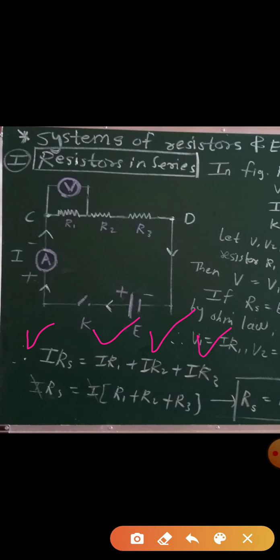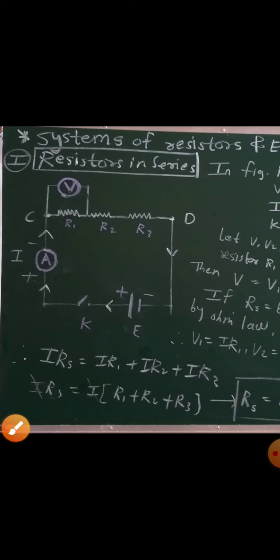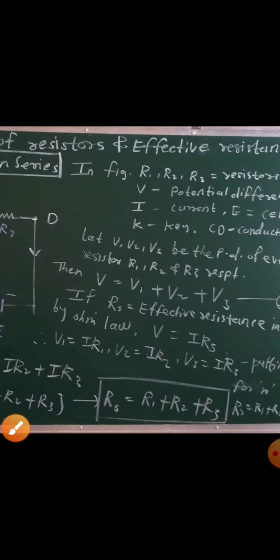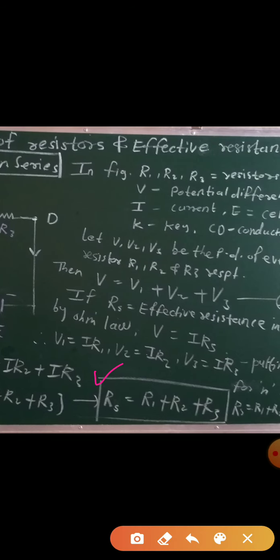Here I is common in every term, so take I outside. What remains in the bracket is R1 plus R2 plus R3. Then I on both sides is cancelled. So what remains is Rs is equal to R1 plus R2 plus R3.